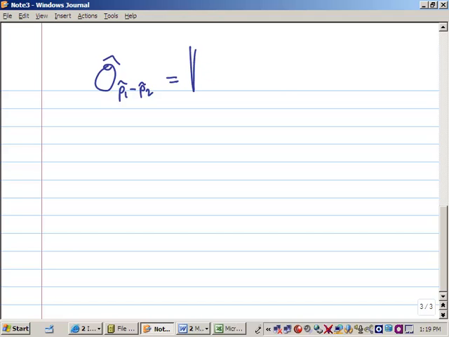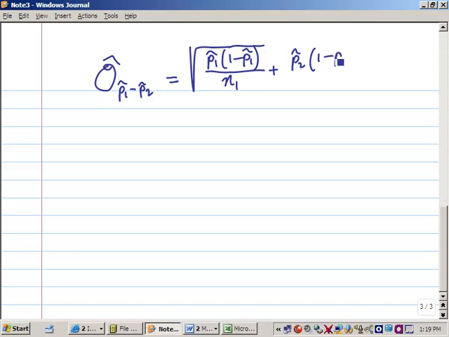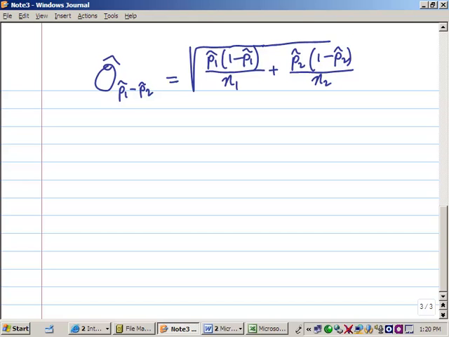The formula for that is the square root of P hat 1 times 1 minus P hat 1 divided by N1, plus P hat 2 times 1 minus P hat 2 divided by N2, and don't forget to take the square root of the whole thing.